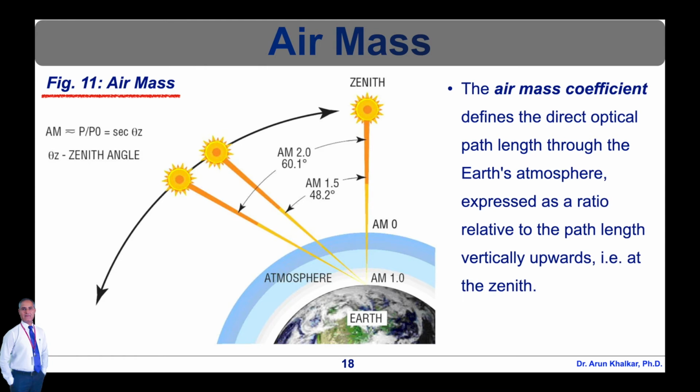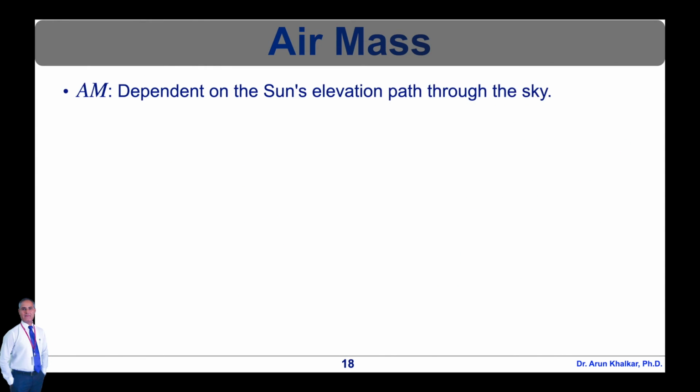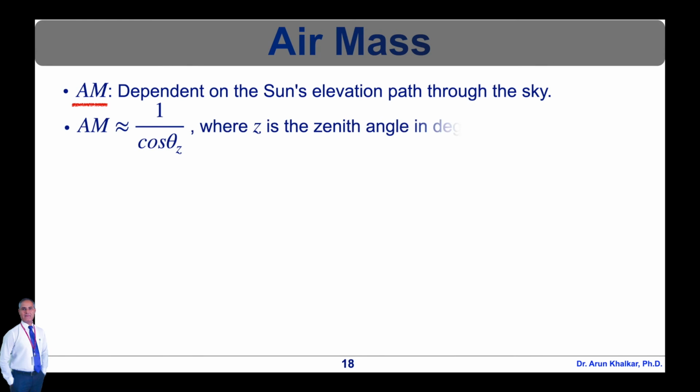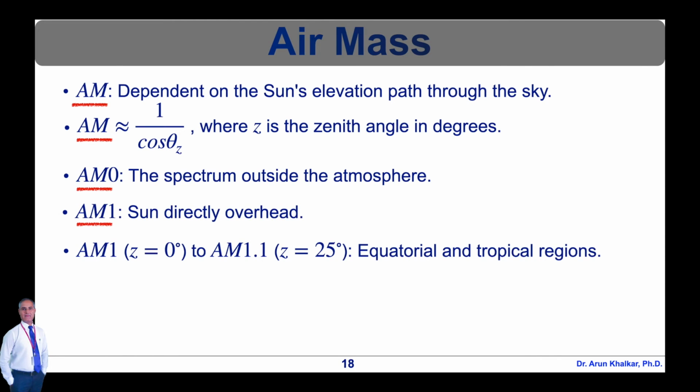Air mass depends on the sun's elevation path through the sky. Air mass is approximately equal to 1 over cos theta z, where z is the zenith angle in degrees. Air mass 0 is the spectrum outside the atmosphere. Air mass 1 is the sun directly overhead. Air mass 1 at z equal to 0 degrees to air mass 1.1 where z equals 25 degrees is the location of equatorial and tropical regions.